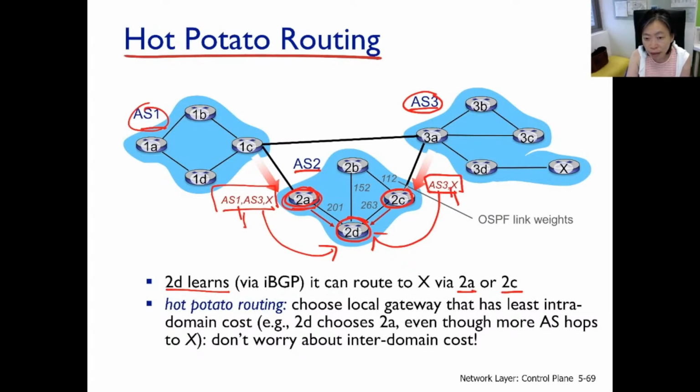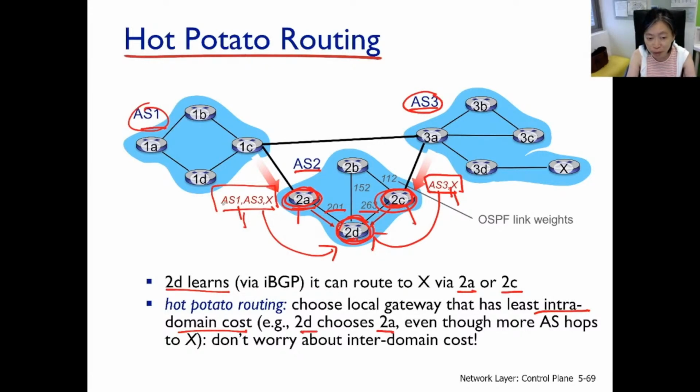For this path, next hop router is 2C. 2D here will consult the intra-AS routing again to find out, is 2A closer or 2C being closer? So if you see the scenario, 2A's distance to 2D is only the link cost between 2A and 2D, which is 201. Distance between 2D and 2C, however, is 263. So 2D here is going to choose 2A to forward the packets to.